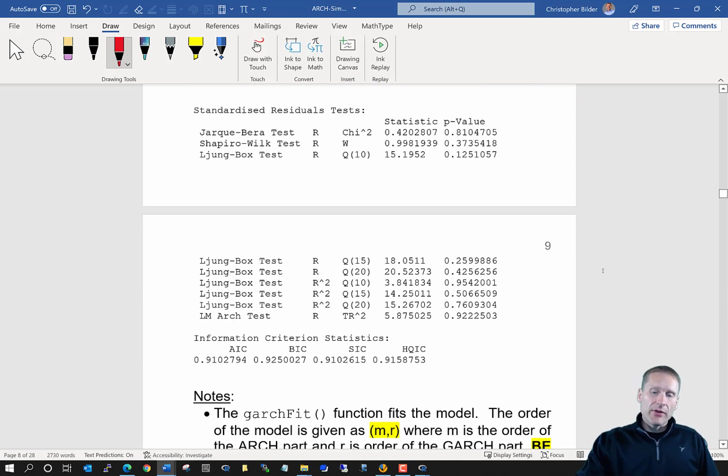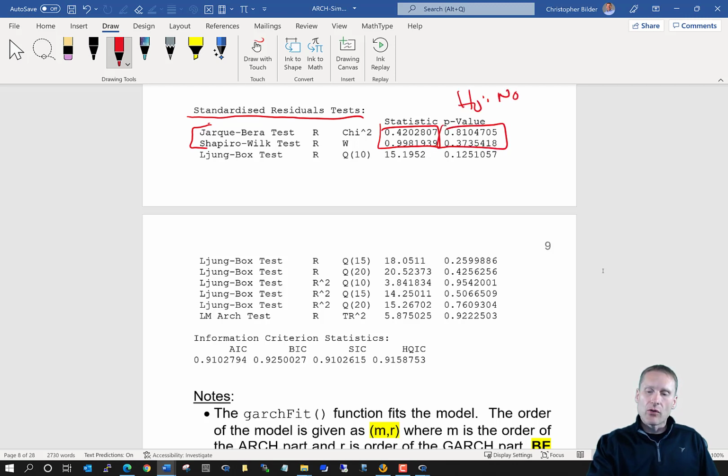Some other stuff in the output. We have a table here corresponding to tests involving residuals. We have two commonly used tests for normality for a sample. One's called the Jarque-Bera test, one's called the Shapiro-Wilk test. Here are their corresponding statistics and p-values. H0 is we have a normal distribution, HA is not normal, and the p-values are large, indicating there's not sufficient evidence to indicate any deviation from a normal distribution.